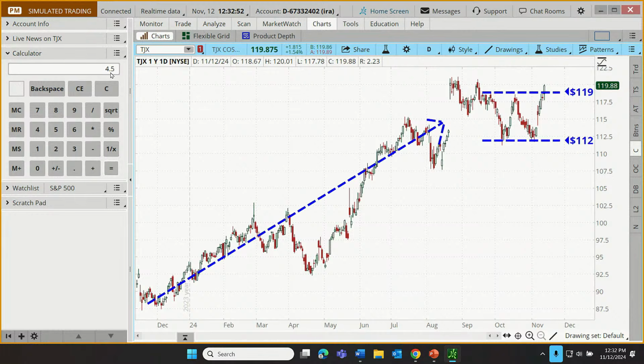That's $4.50 of risk per share. So if we have $500 that we're willing to risk, 0.5% of a $100,000 portfolio, we divide that by 4.5. That'll tell us we can buy up to a maximum of 111 shares.